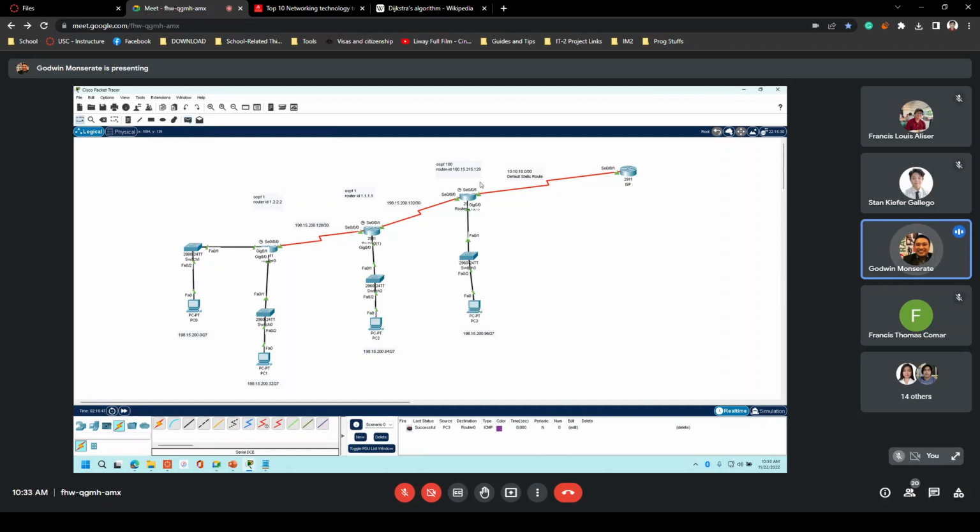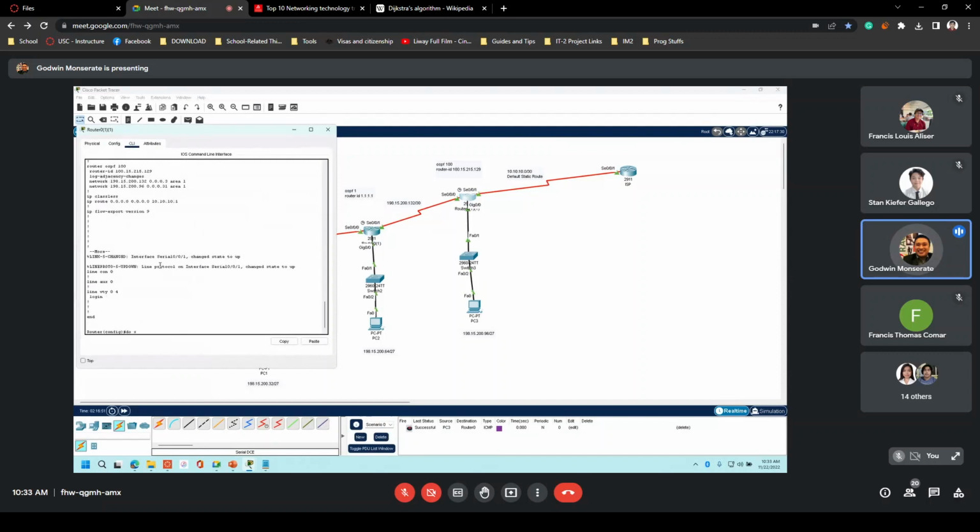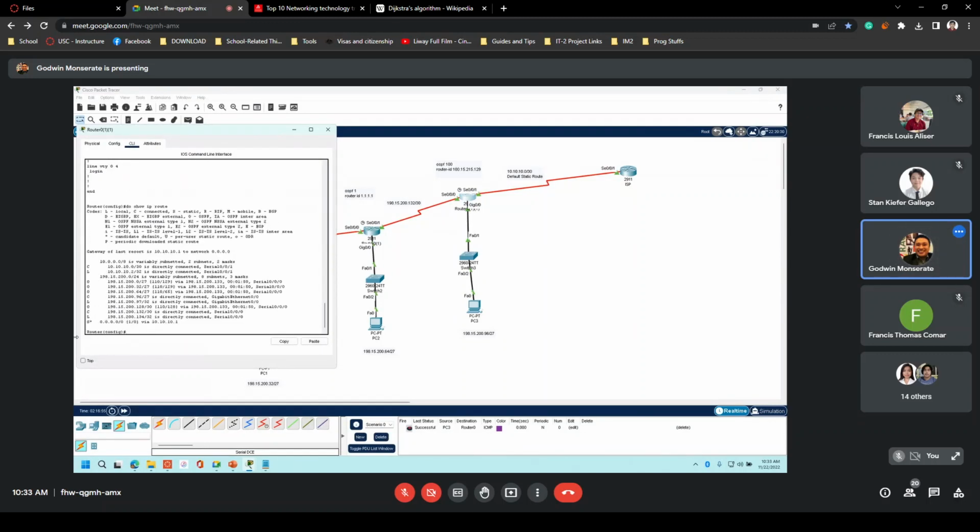Okay, how do you know naka SPF? If you look at this one, do show IP route. O tanaw nimo na kay O. O stands for OSPF. Okay, na kay S asterisk. S asterisk stands for static and the asterisk stands for candidate default.